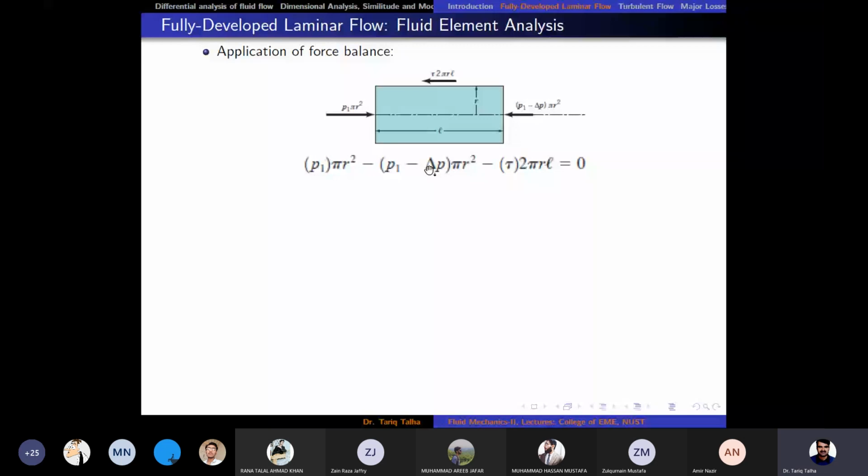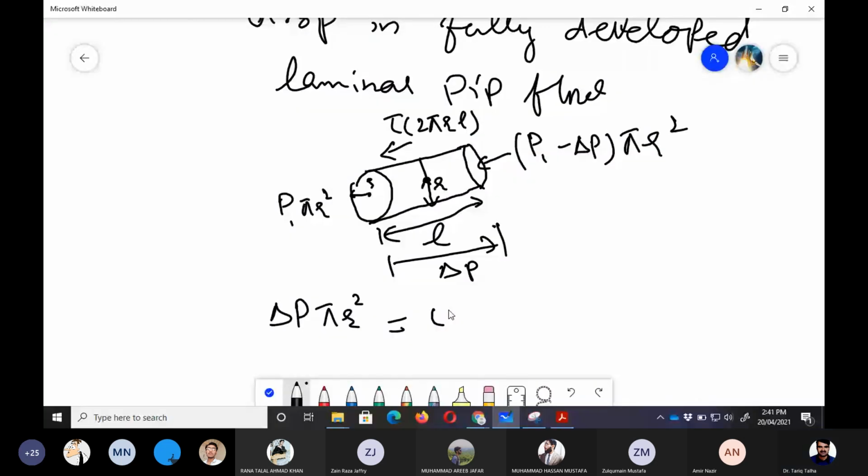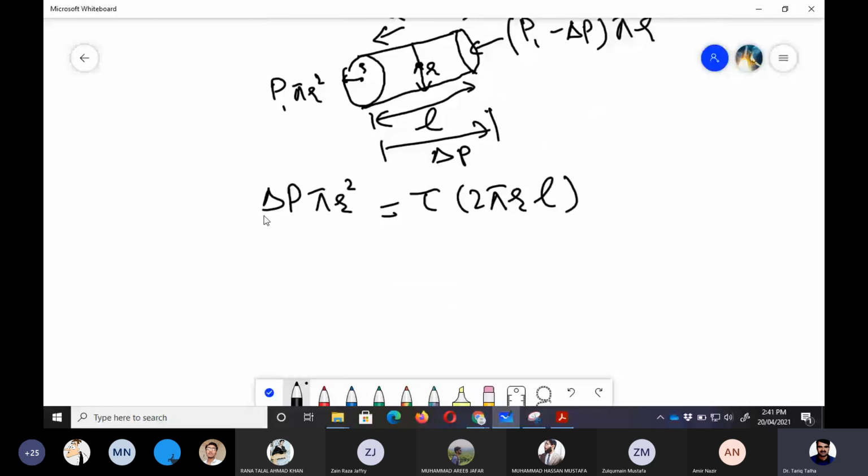Delta P into pi r square is equal to tau into 2 pi r L. If we do the simplification, we can write delta P upon L, and then this r would cancel with this r square, pi would cancel with this pi, and we are left with 2 tau upon r.